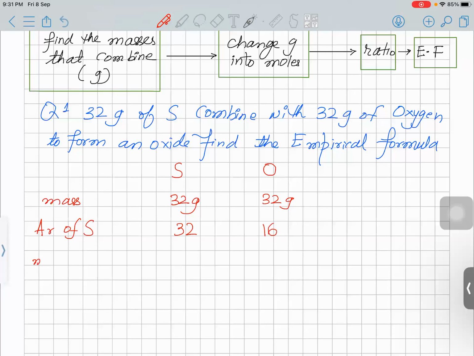Now next step is find mole. Mole is equal to mass over AR. So 32 divided by 32 is equal to 1. 32 divided by 16 is 2.